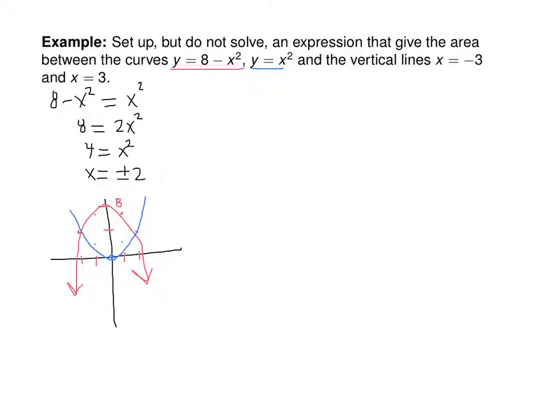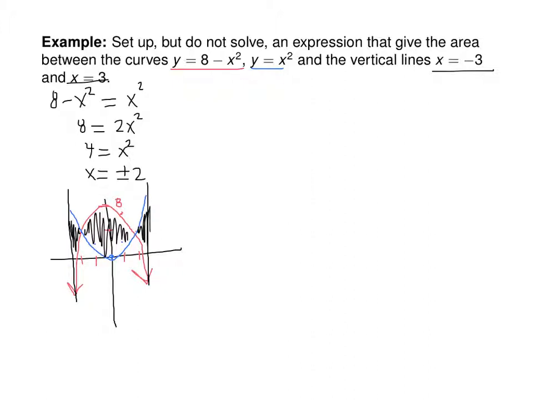Regular parabola. Now, the problem is we were also given the boundaries at x equals negative 3 and positive 3, and unfortunately, since these intersection points are at 2, that means we're looking at this kind of thing. And we need to find that area, all that area in the middle, and all that area on the end.